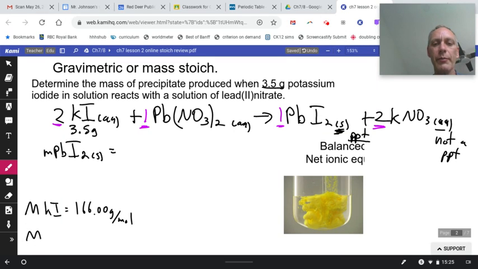We're also going to need the molar mass of what we're looking for, the precipitate, PbI2, and that one is 461.00 grams per mole. When you're dealing with gravimetric or solids, you need the molar mass of the chemicals that you're looking for or given, because that's how we're going to get the moles. And we're always trying to find the moles.